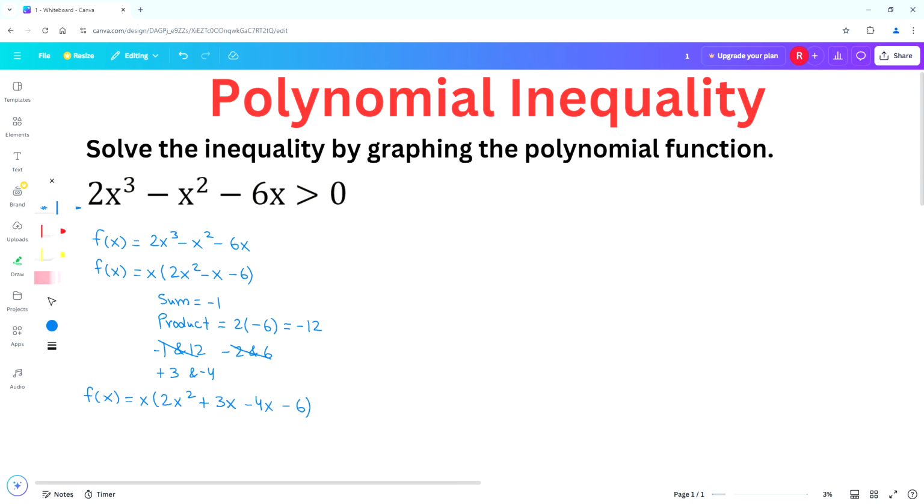I changed -x to 3x minus 4x. Now we can use the grouping method. We should pair the first two terms and the last two terms and do common factoring from each pair. From the first pair, I can factor out an x.